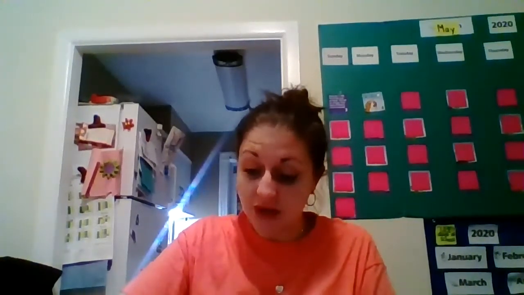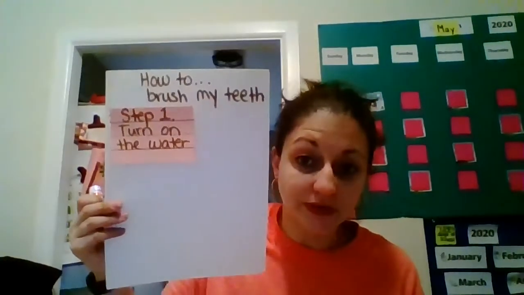Okay, so step one, turn on the water. Okay, so that's what I'm going to paste first. In my little thing here, how to brush my teeth. The first step, step one, is turn on the water. See? Turn on the water.